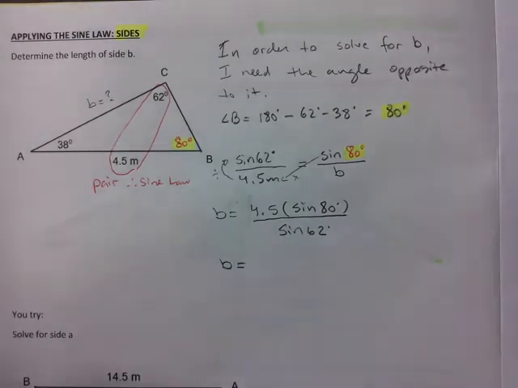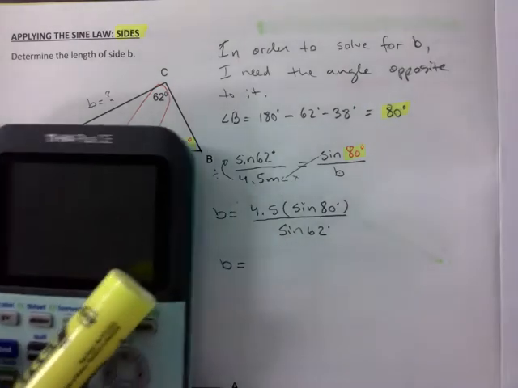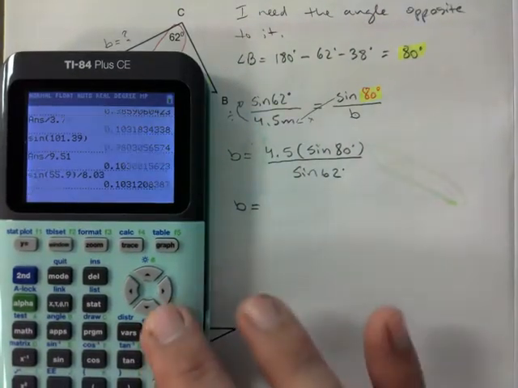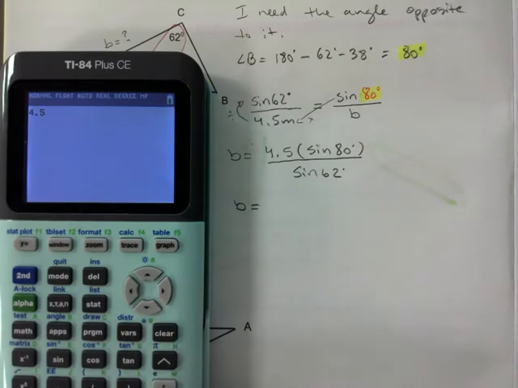So let's practice entering this. Right, so I clear my screen here, 4.5 times sine of 80, close brackets, divided by sine of 62. So that's how I type that in. You get 5.02.